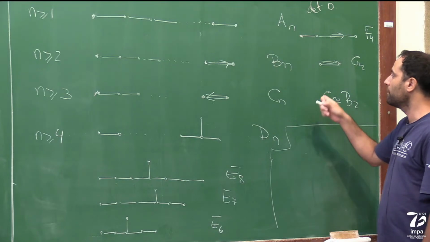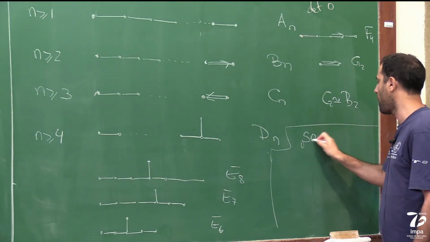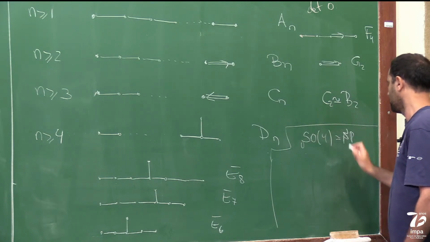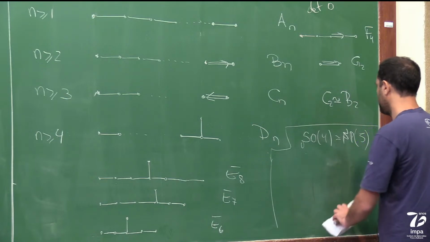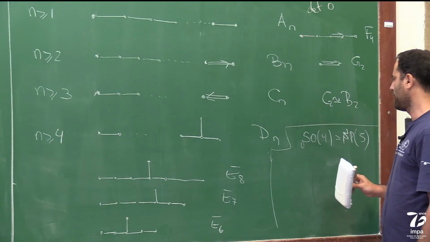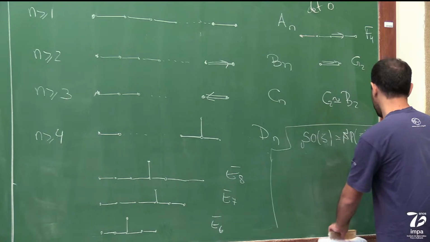So Cn and Bn, well, this corresponds to an isomorphism of SO4 and SP5. Oops, no, sorry, SO5 and SP4.